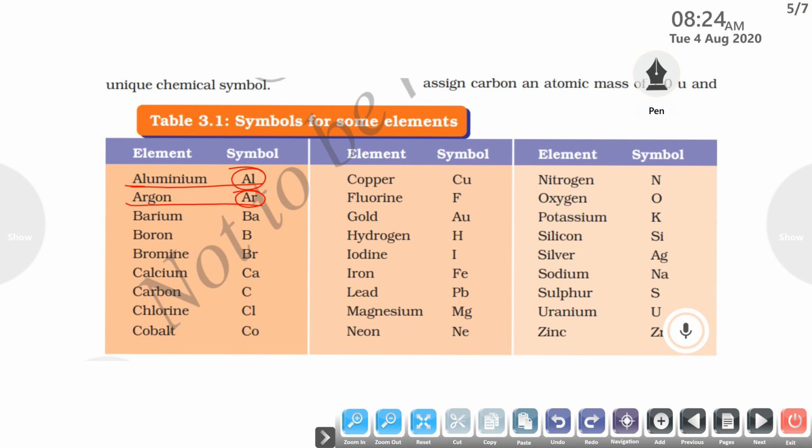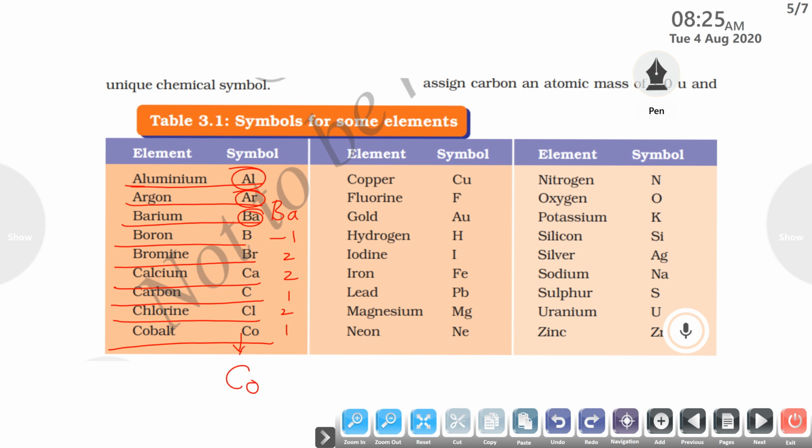Argon, same, 2 letters. Barium, 2 letters. First letter is uppercase, second letter is lowercase. Next, boron. Here it is a single letter. Bromine, again 2 letters. Calcium, 2 letters. Carbon, single letter. Chlorine, 2 letters. Cobalt, focus here, capital C, small o.